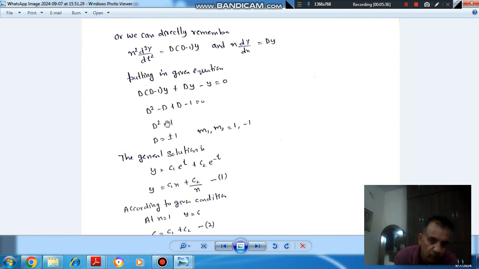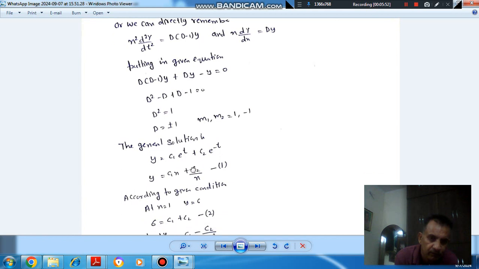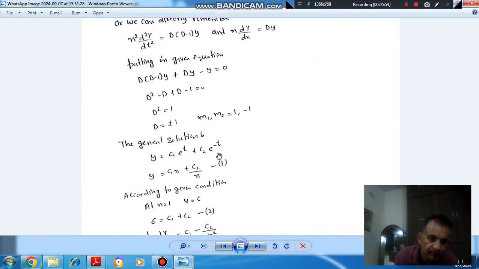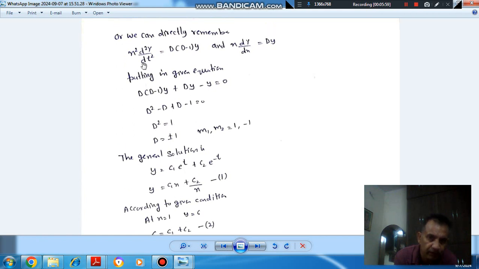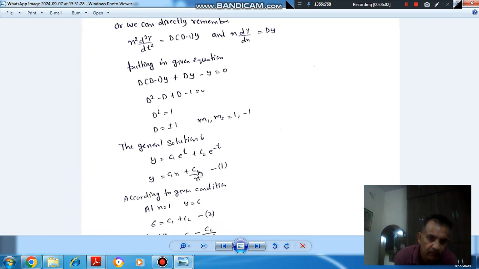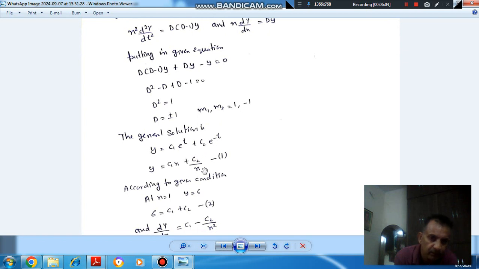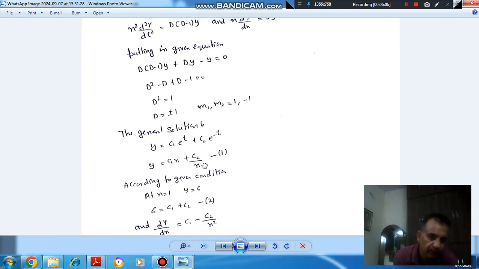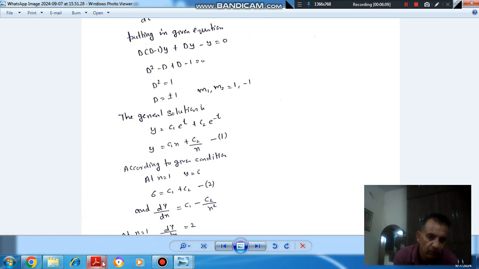So the solution of this is y is equal to c1 e raised to t plus c2 e raised to minus t. Since e raised to t is x, that we have assumed, and e raised to minus t is just 1 by x.